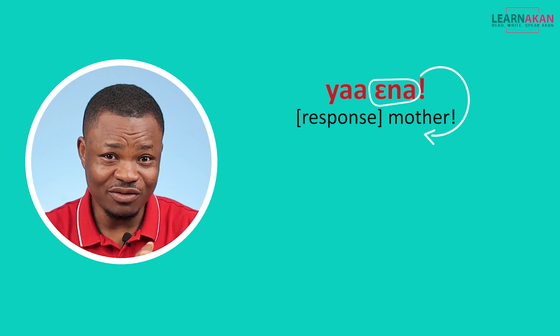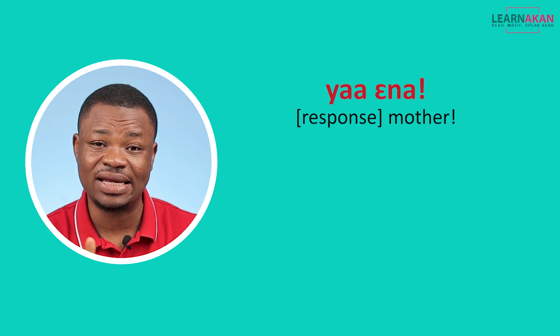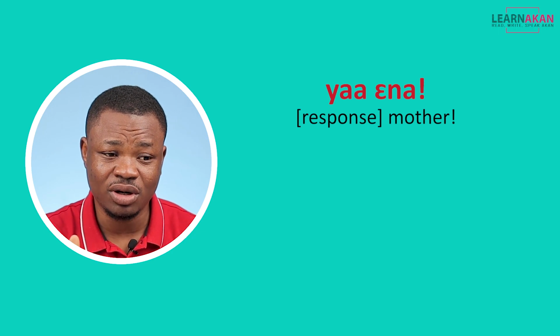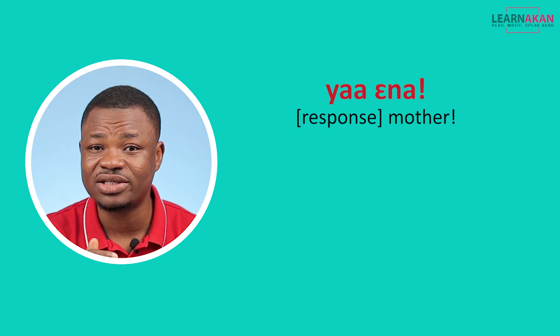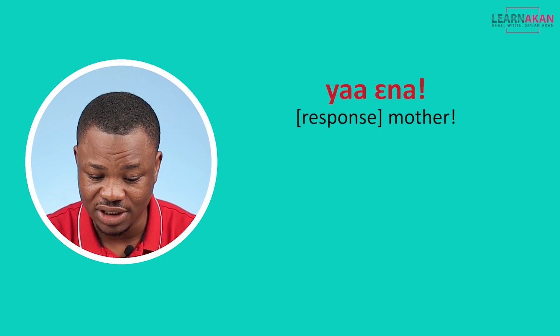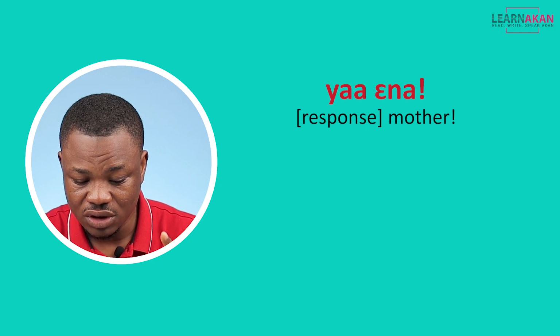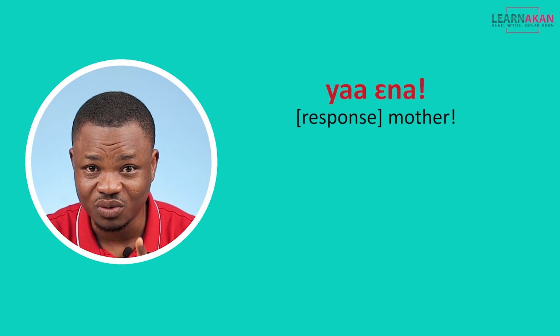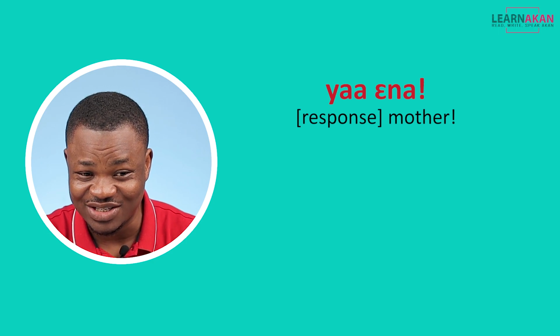Okay, so be careful with this. Don't go and respond with yeah, enna if you're not sure about the age bracket of the person that you're responding to. Okay, because you don't want to assume that someone is old when she is not or when he's not.